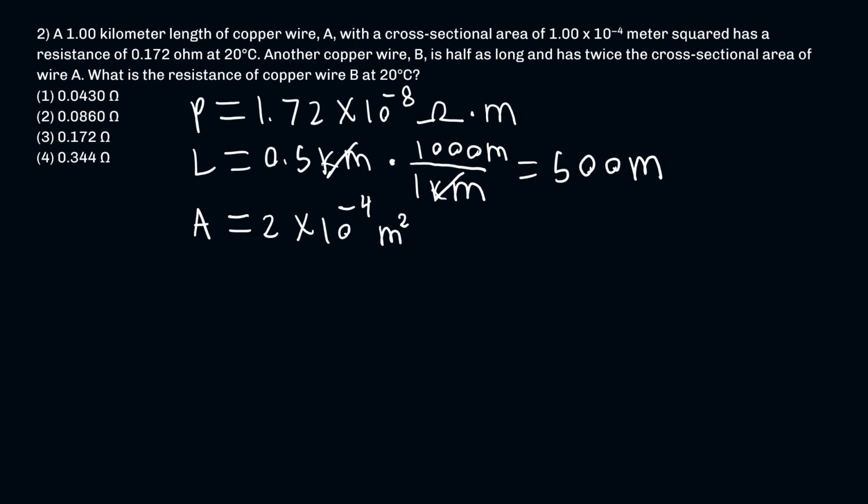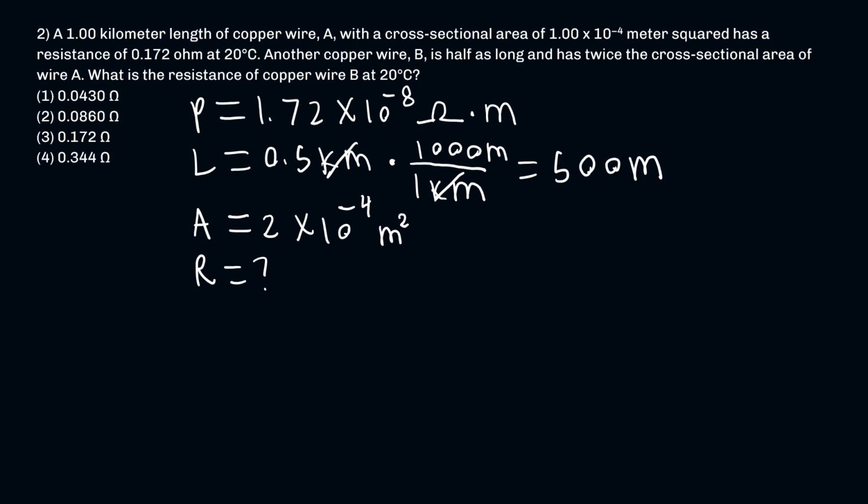The other thing that we should have here, we are looking for resistance because it's asking us to find the resistance of the wire at 20 degrees Celsius. So R equals question mark. Now look at your reference table, look for an equation that involves all of these variables. We have resistance, that's what we're looking for, area, the length, and my resistivity. I see an equation towards the bottom.